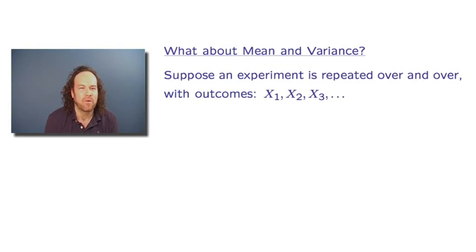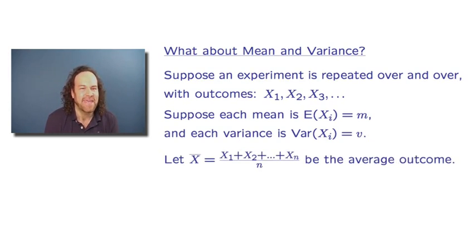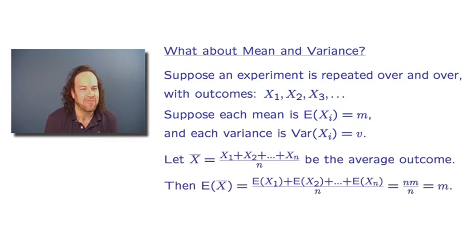So if we imagine that we're repeating a bunch of experiments, and the results of the experiments can be written as x1, x2, x3, and so on, and suppose we know that the mean or expected value of each of the experiments is some number, let's call it m, and suppose we know that the variance of each of those experiments is some other number, let's call it v, then if we let x bar be the average of x1, x2 up to xn, the expected value of x bar, the average, as you'd expect, is just the same as m.